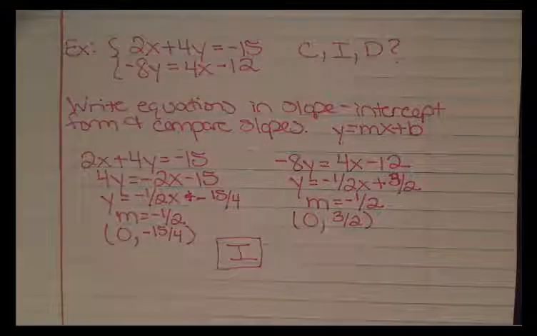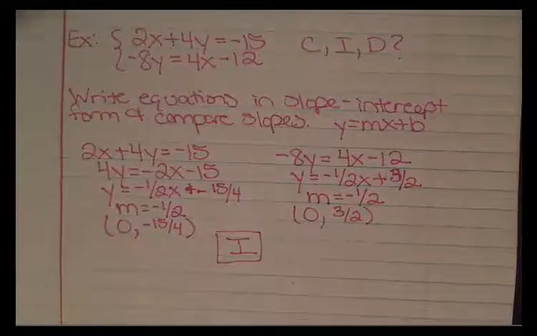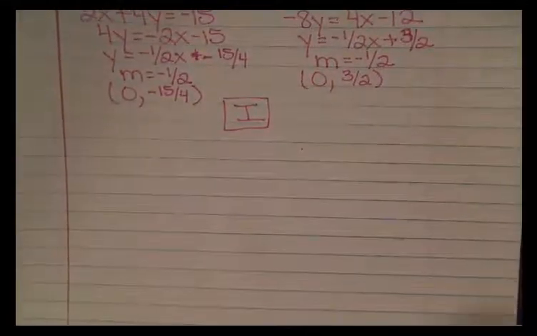Let's do one more where we're determining if it's consistent or inconsistent or dependent. Example. We have y equals x minus 2, y equals negative x minus 8. So is this consistent, inconsistent, or dependent?